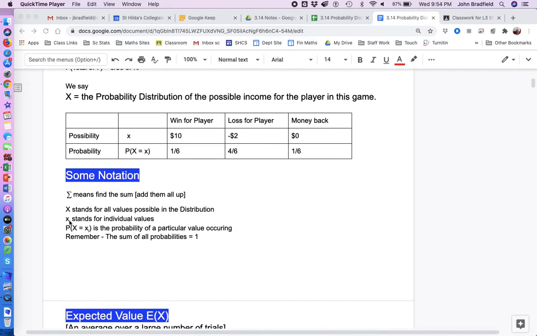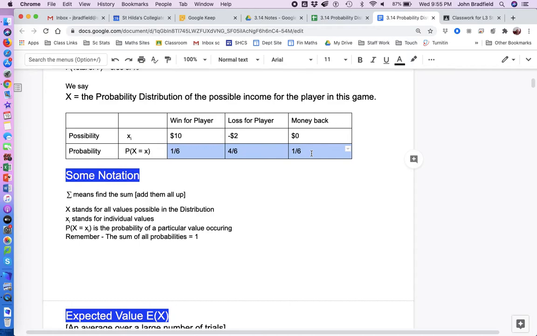X, and often with a little subscript i, although I haven't done that in this case, maybe I should, stands for the individual values. And so when it says P for probability, that the actual distribution equals a particular value is how I would read that. And remember, these probabilities here, just like any other probability situation, they always have to sum to 1.